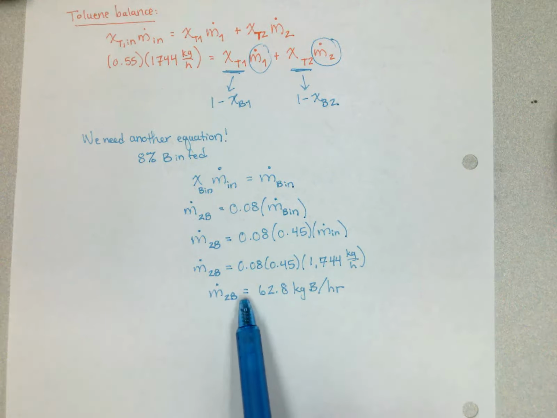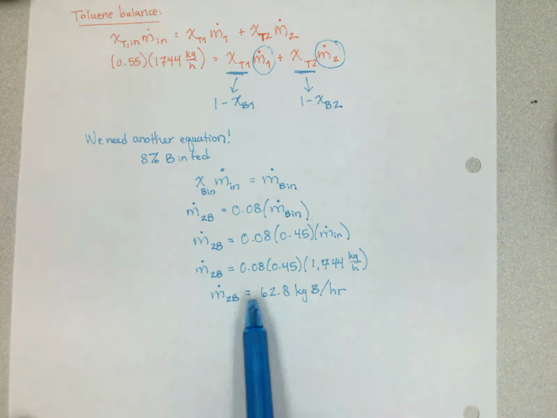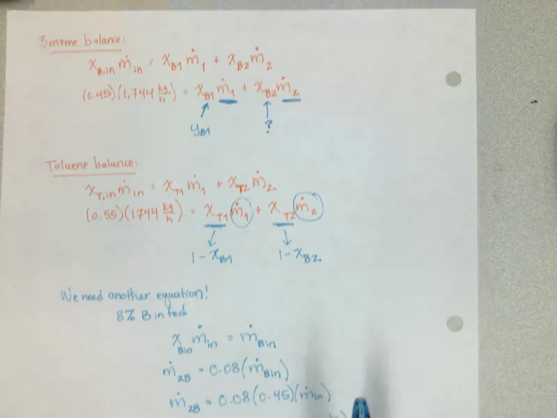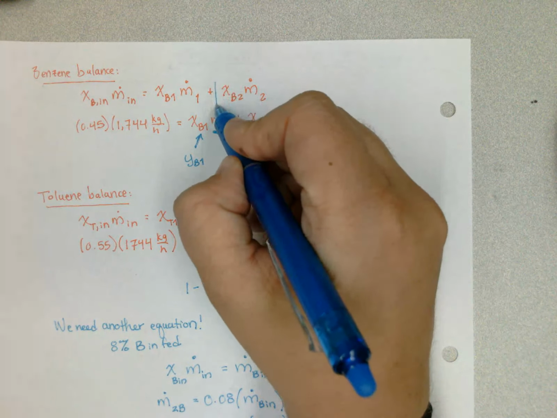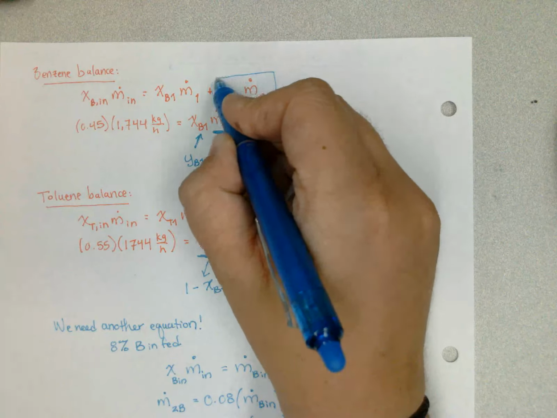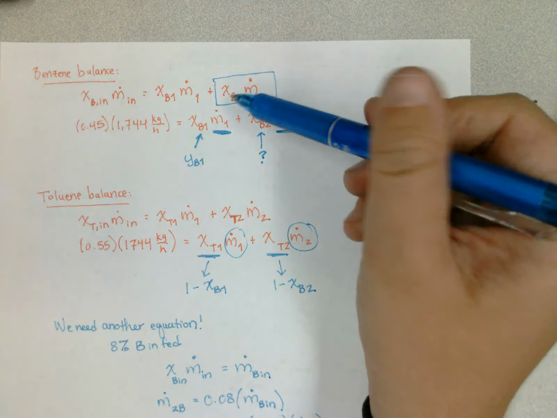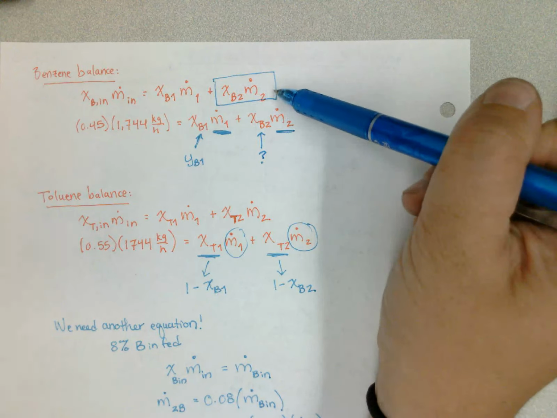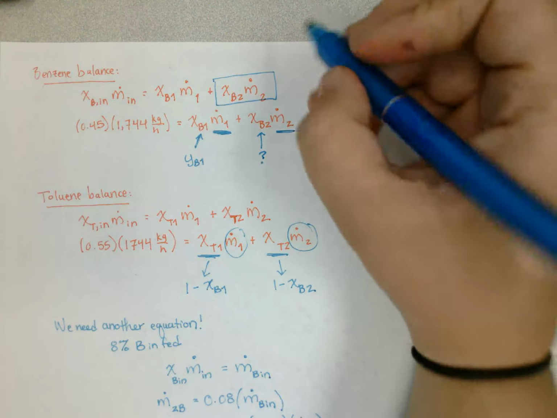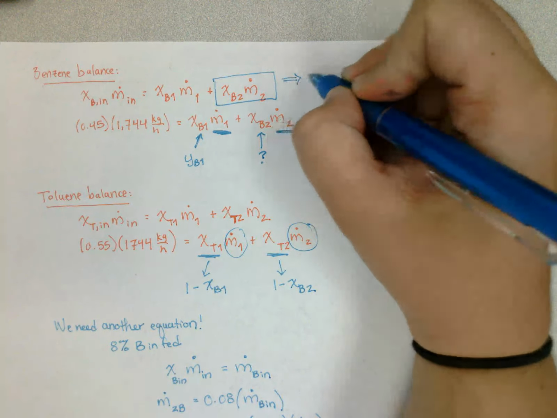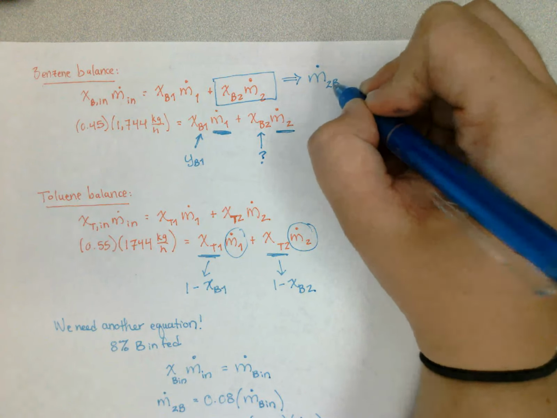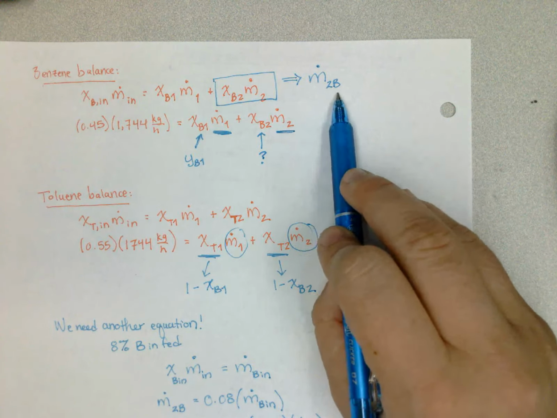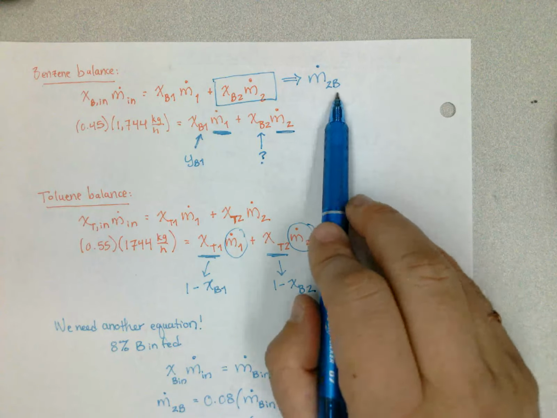All right, so what does this mean in terms of what we have? Well, let's go back up to our benzene balance. Let's look at this term right here. If you're multiplying a mass fraction by a total mass, this term here is the same as M2B. It's basically the mass flow of benzene in stream 2.